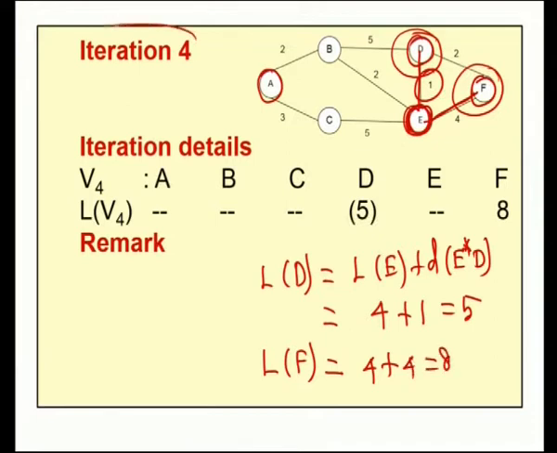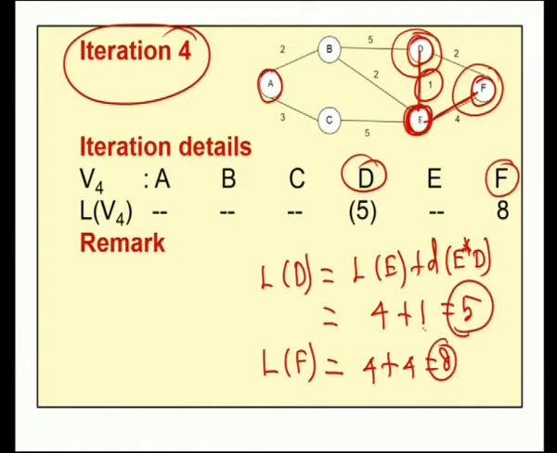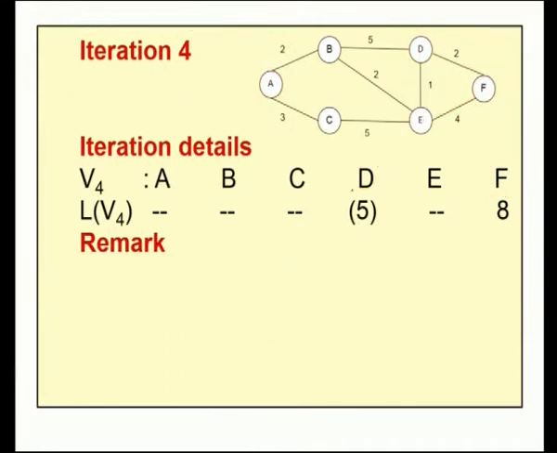Therefore, in iteration 4 we assign the labeling value for the node D as 5, and for node F as 8. Therefore, in this step the node D has a labeling value of 5 and node F has a labeling value of 8.